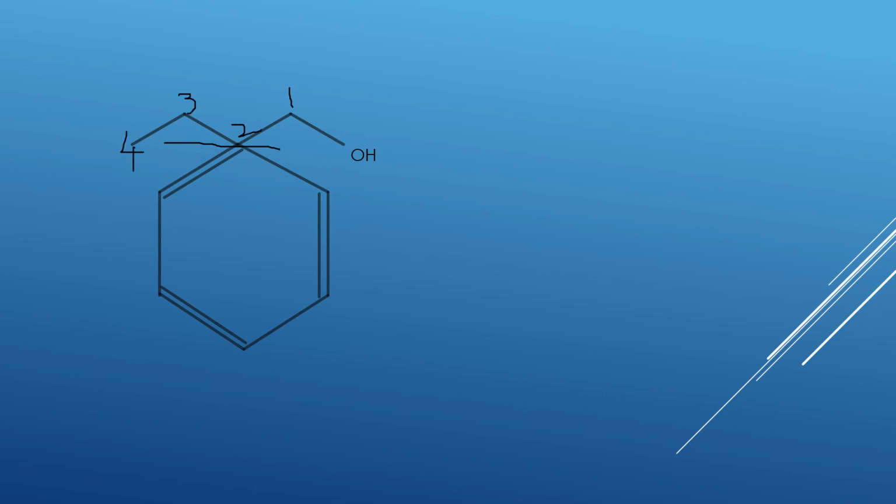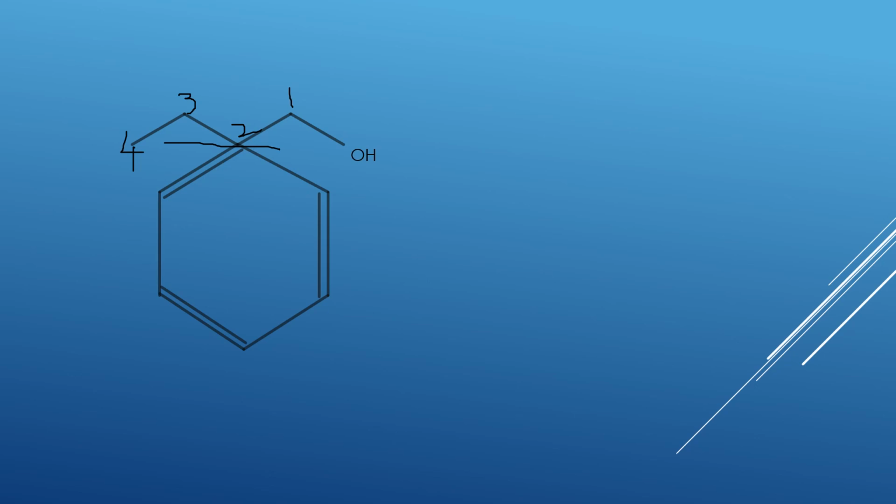This is butanol. Why am I counting the numbers here only? Why not in the benzene ring, the phenyl ring? Because the functional group is not there. Compared with OH, double bond and triple bond are not given much priority. So OH is there, it is identified as butanol, and the phenyl ring is identified as a substituent present on the second carbon.